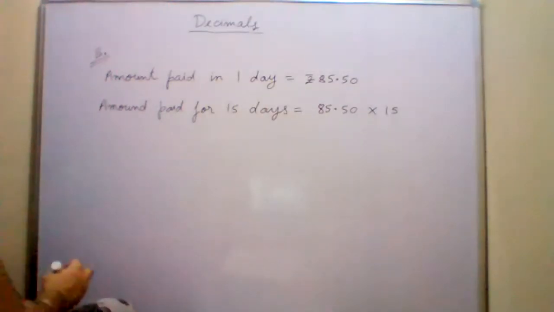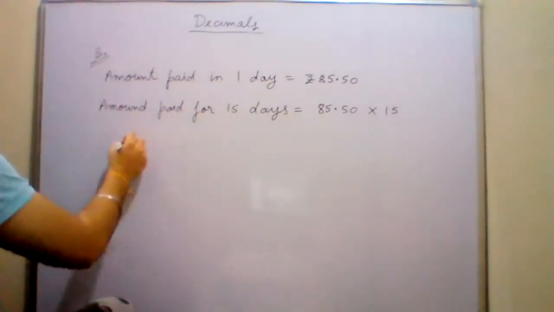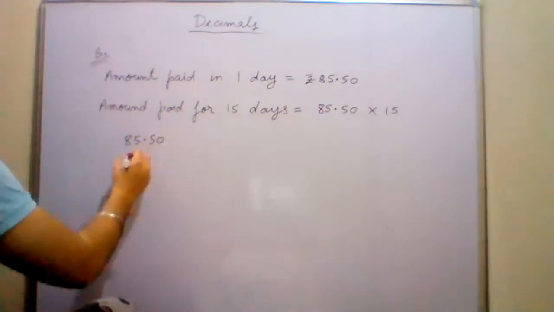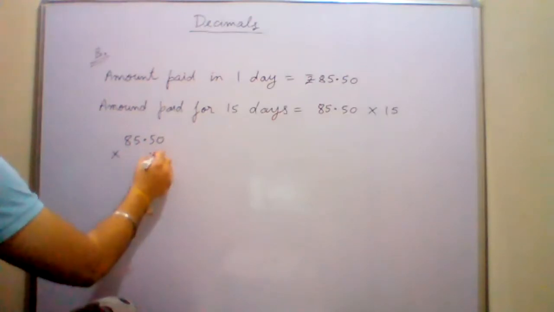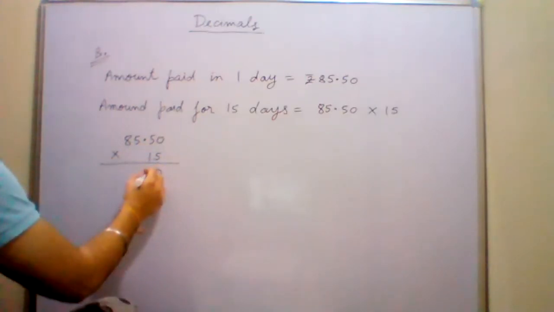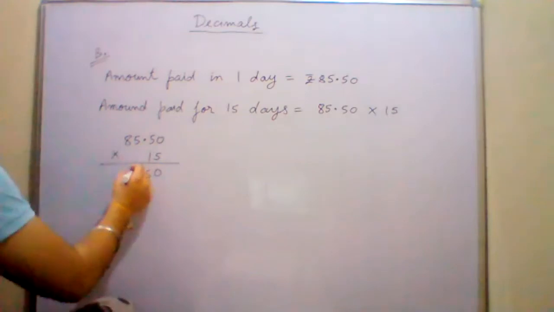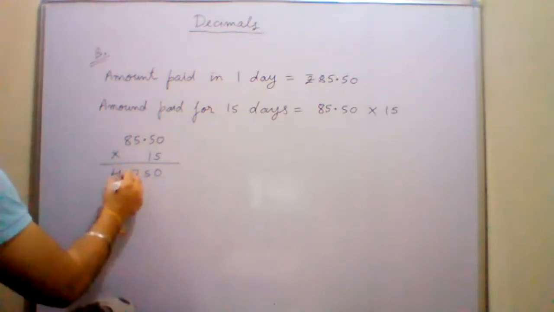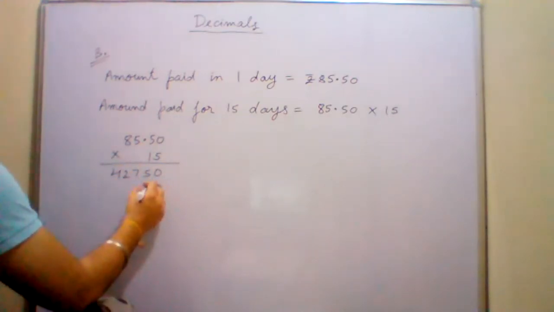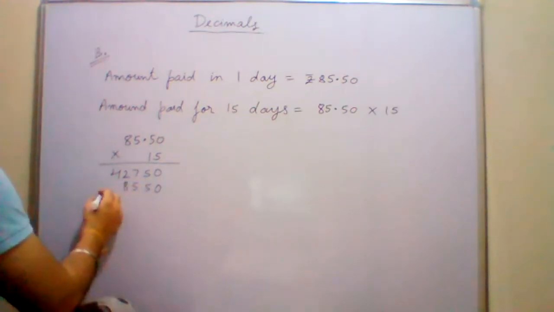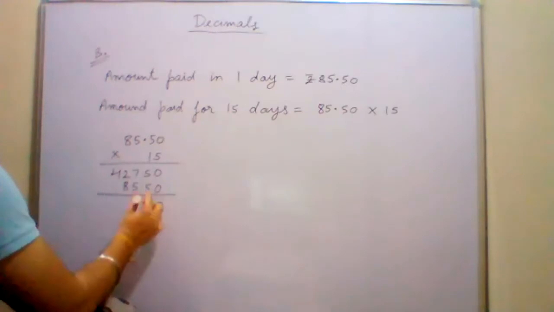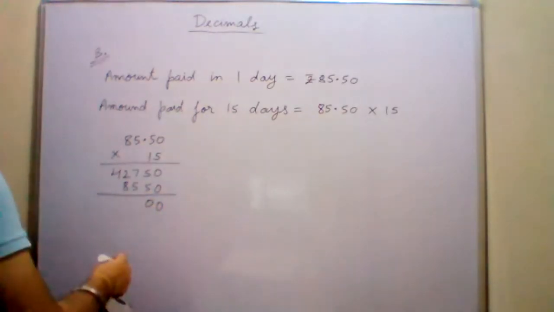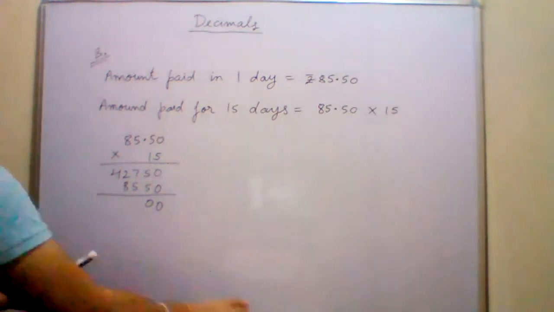Okay, let's do it. 85.50 multiplied by 15. 5 twos are 10, 5 fives are 25, 27, 40, 42. 0, 5, 5, 8.